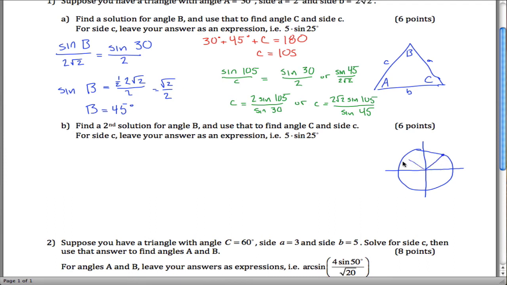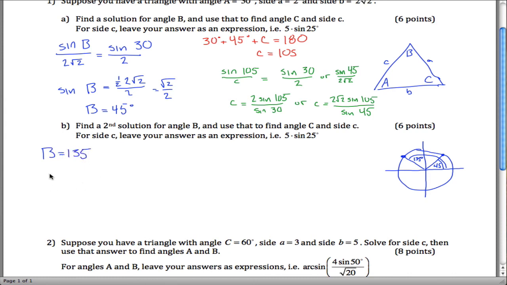However, this height over here is also root 2 over 2. So instead of thinking about angle B here being 45 degrees, I could have thought about angle B as being that thing, which is 135 degrees. So what I'm saying is we could have B equals 135.